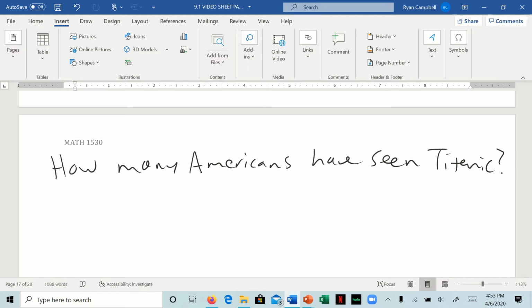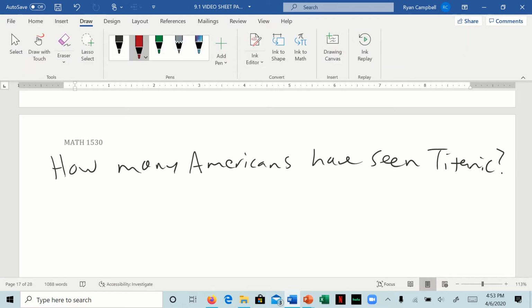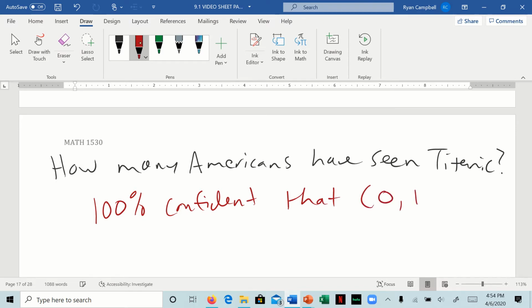Well, I can tell you that I am 100% confident that that number is between 0% and 100%, right? I can tell you that because I have not seen Titanic and my roommate has. So I am 100% confident it's between 0 and 100.